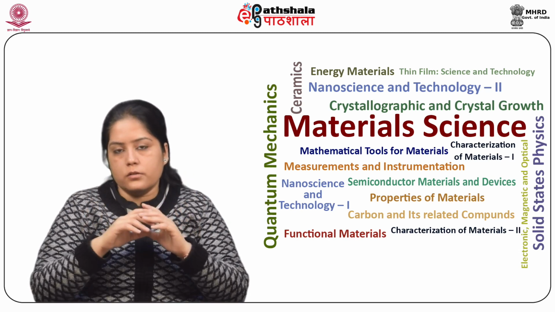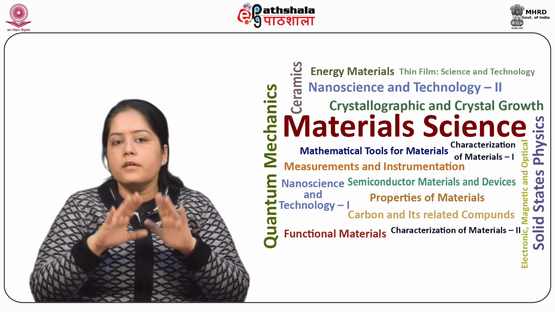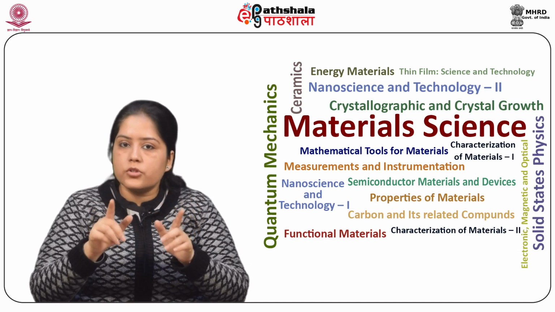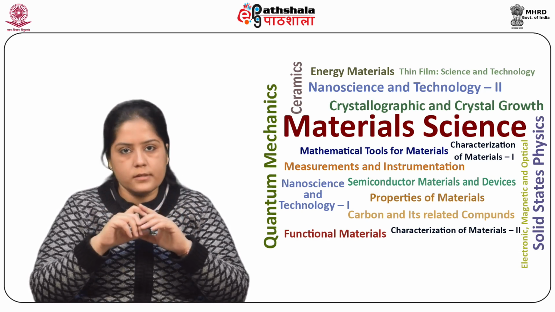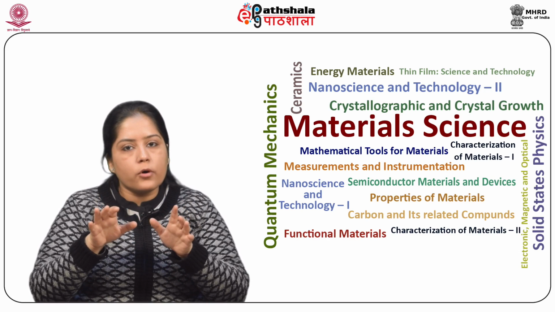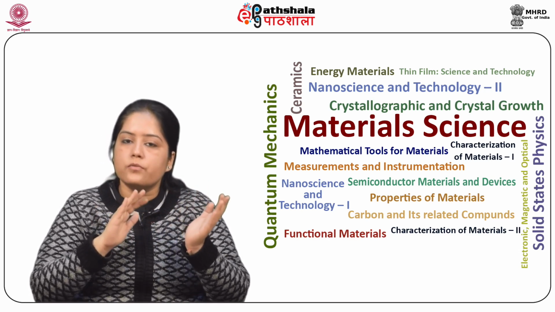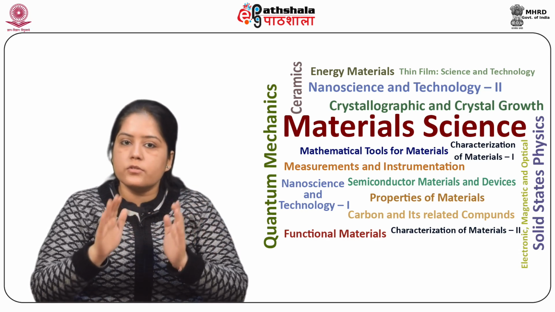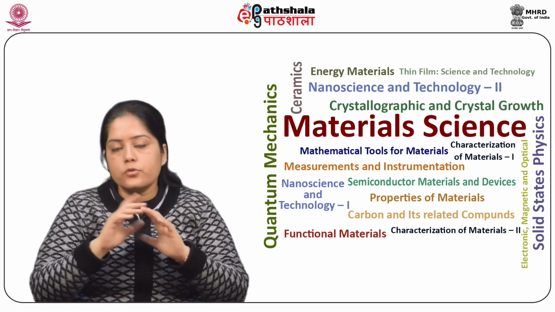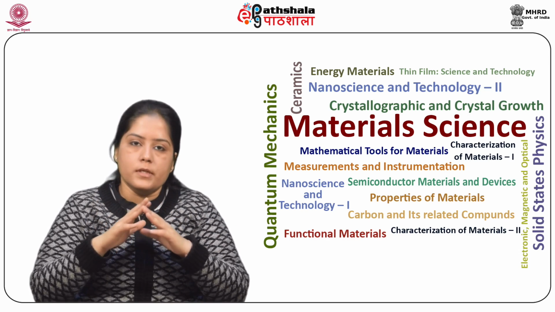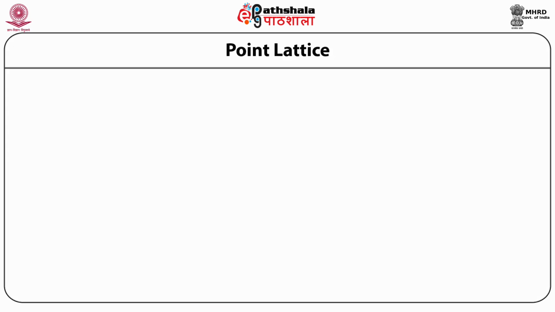In this lecture, we will briefly review the structural aspects of materials, which are very important to appreciate the correlations between materials' crystal structure, anisotropy, and properties. Point lattice. Here we will be discussing what a point lattice is.